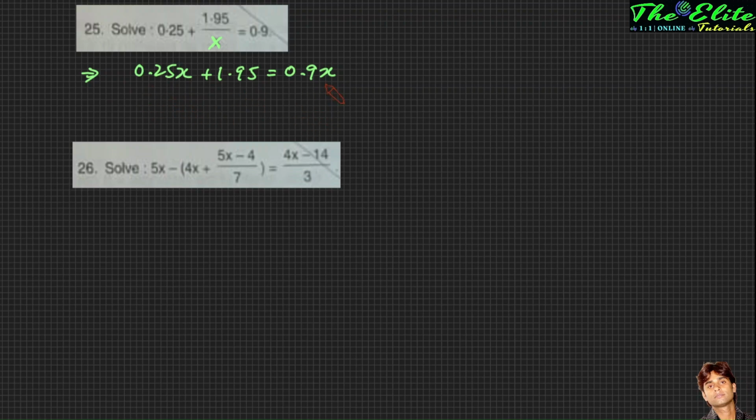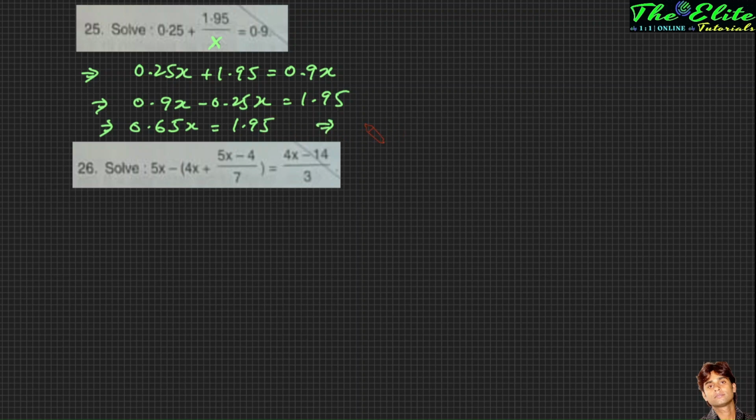0.9x minus this, you can write 0.9x minus 0.25x is equal to 1.95, and the calculation is to be done. So suppose this is 0.65, yes. So 0.65x will be equal to 1.95.